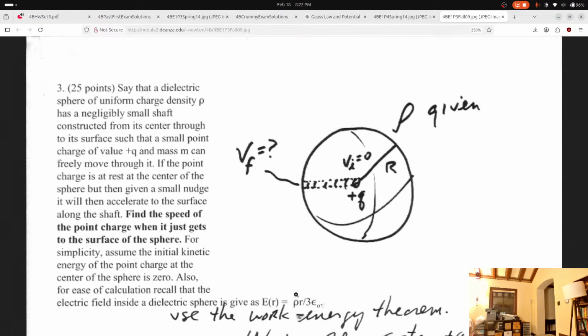So we're going to get, on a radial sphere, E times 4 pi r squared is equal to 4 rho pi r cubed over 3 epsilon naught.